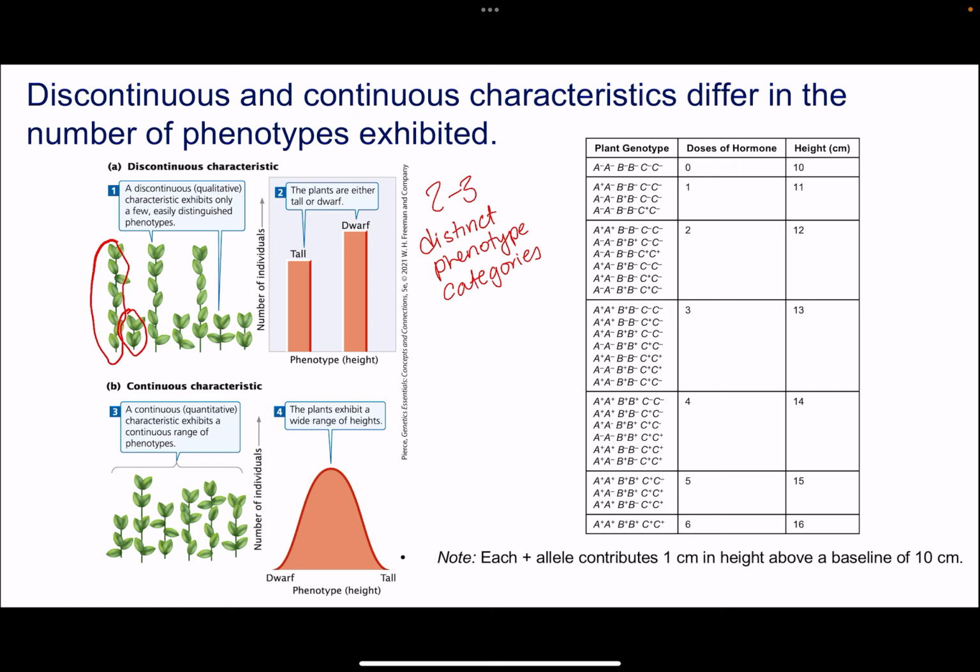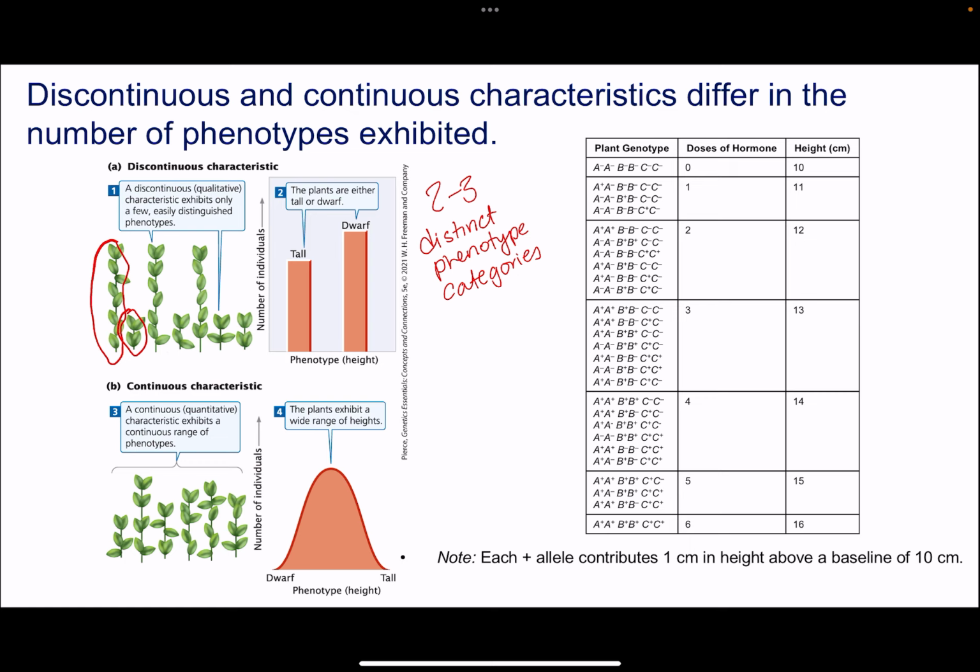So in this example, we have the whole range from dwarf to tall. We've got everything in between. We've got the shorter ones, we've got the taller ones, and then we've got this range of other traits that fall in between the tall and the short.